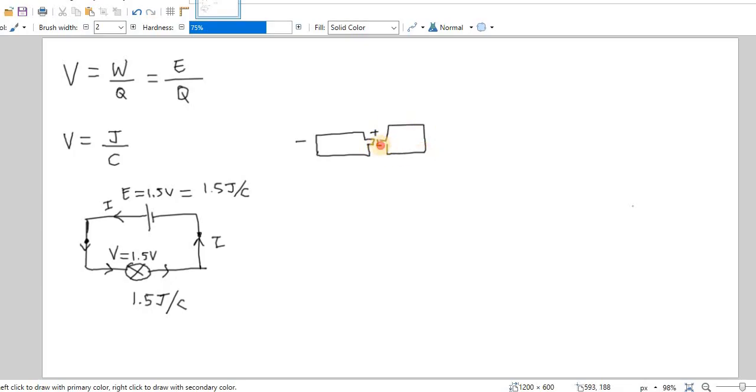If both of them are 1.5, then positive and positive are facing each other. If I draw it in symbols, it will be something like this. This is this cell and the other one is this one. Positive and positive are facing each other, negatives on this side. So if each one was 1.5, and the other one is connected the other way, that will be plus minus 1.5, which is 0 volts.